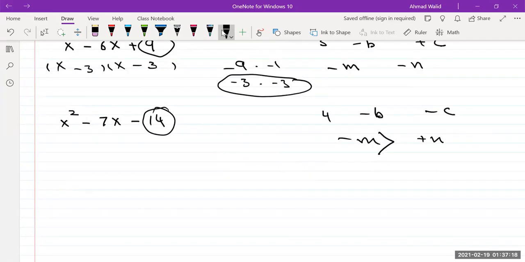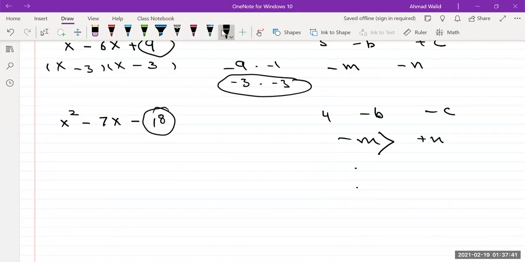Factors of 14. Negative 14 times 1 gives you 14. 2 times negative 7 gives you 14. Actually, I have to change this number. Sorry, not 14, 18.